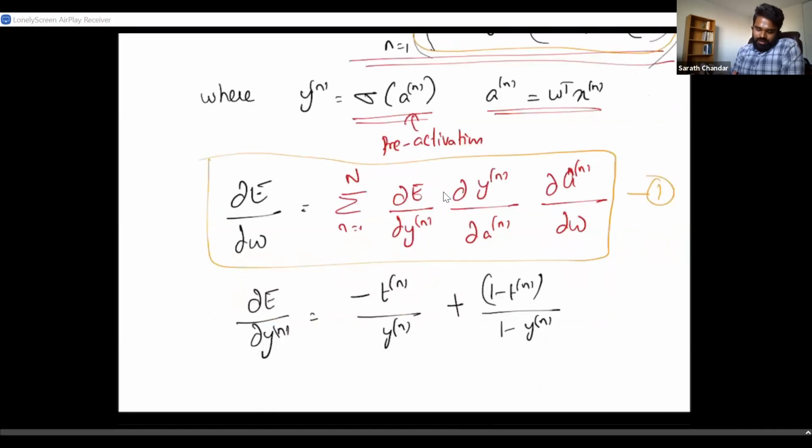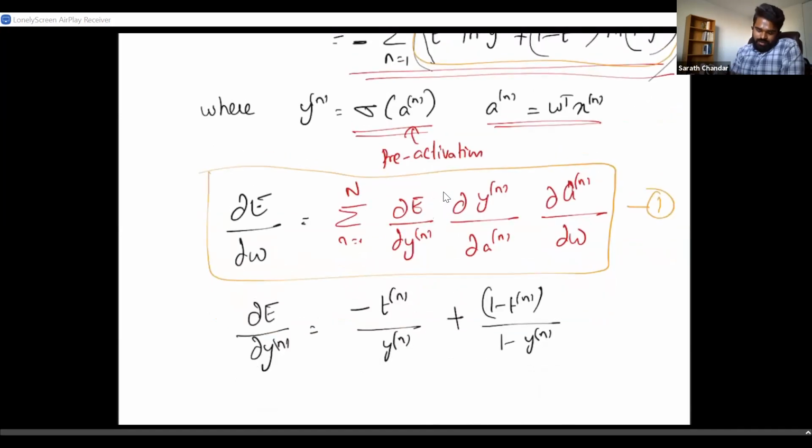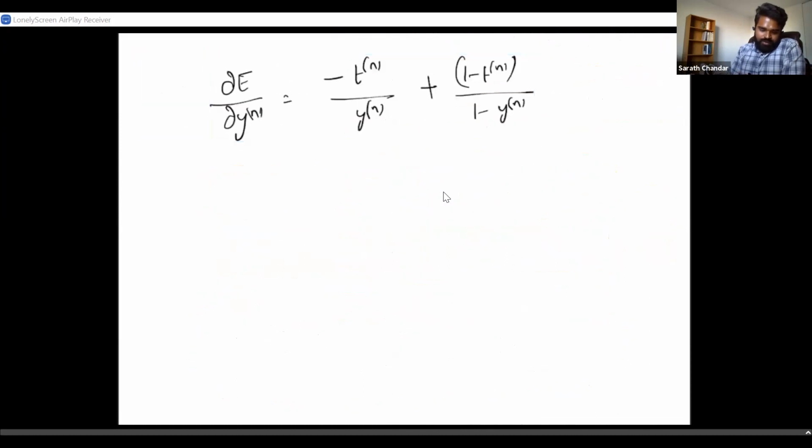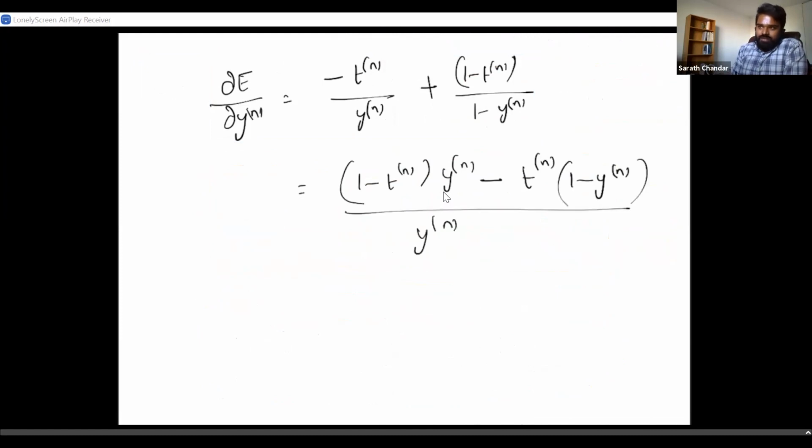Now I could actually simplify this, but let me take this to the next page to simplify. Okay, we could easily simplify this. So this becomes (1 minus t of n) times y of n, which is the second term, minus t of n times (1 minus y of n), which is the first term, divided by y of n times (1 minus y of n). I just expand this.